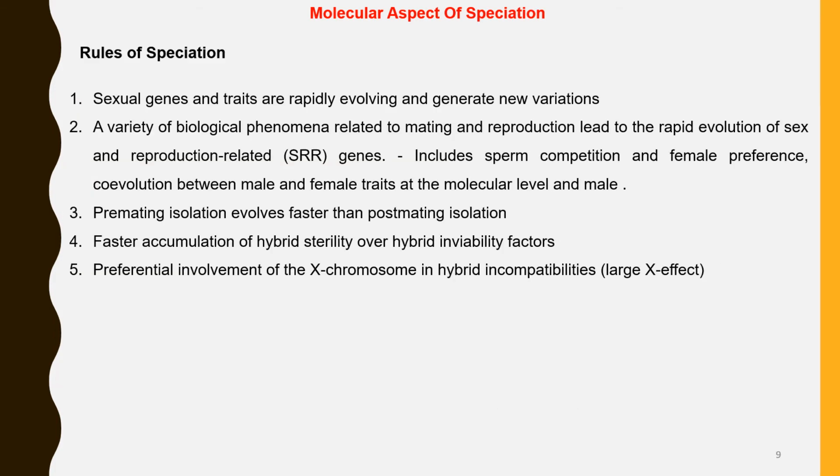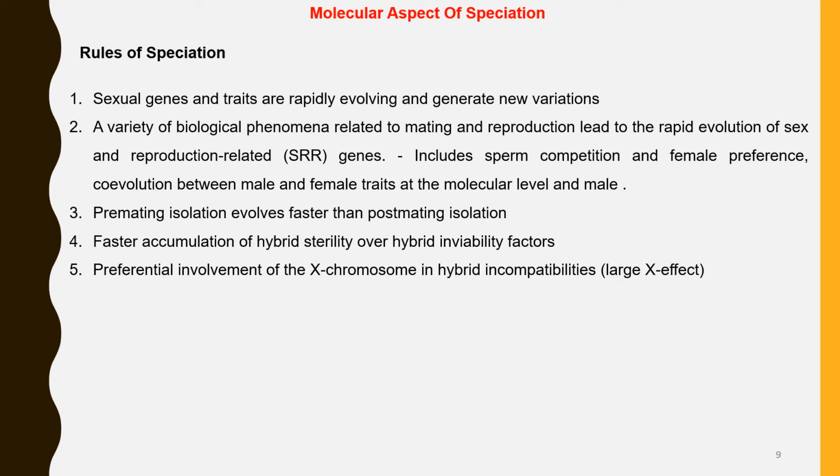Rules of speciation. Variations are always occurring in nature. Sexual genes and traits are rapidly evolving and generate new variations. This leads to rapid evolution of sex and reproduction related genes, which lead to reproductive isolation.